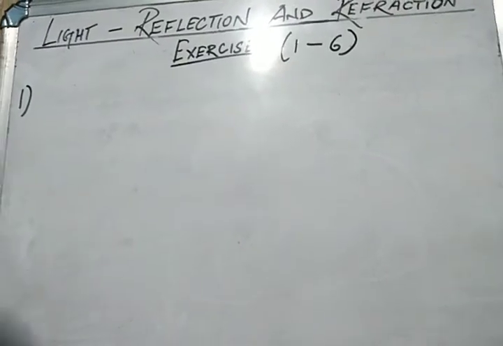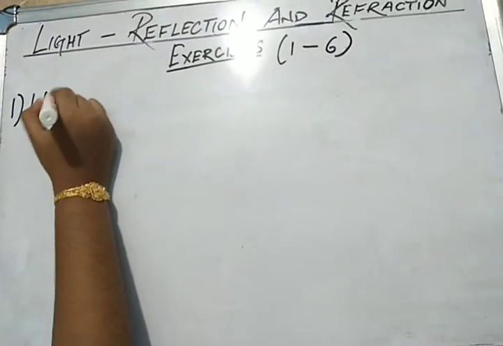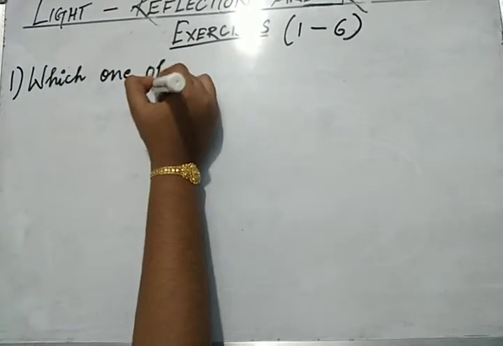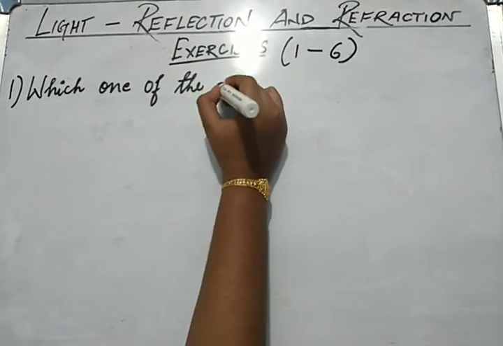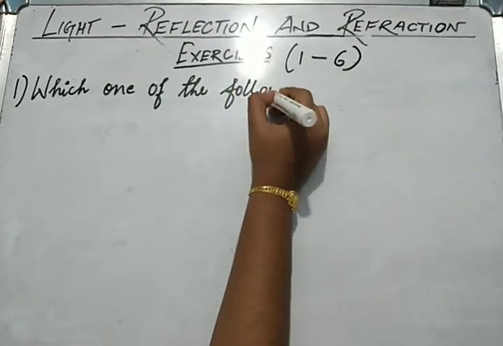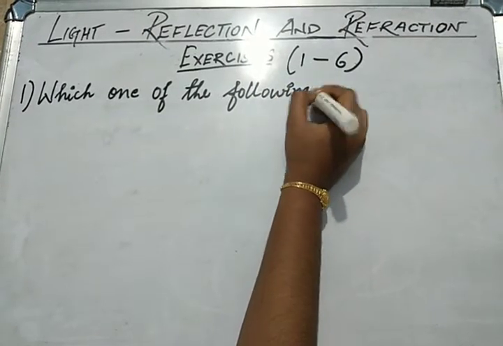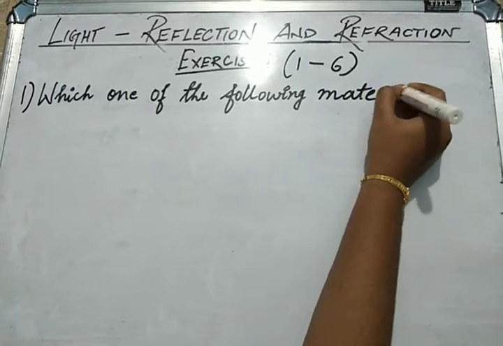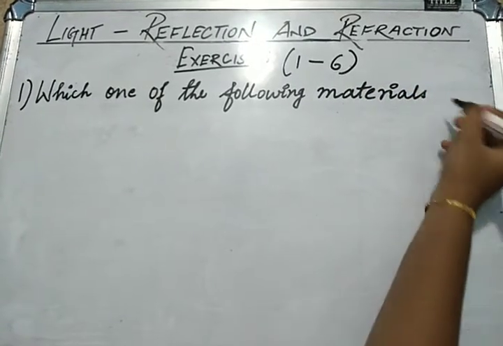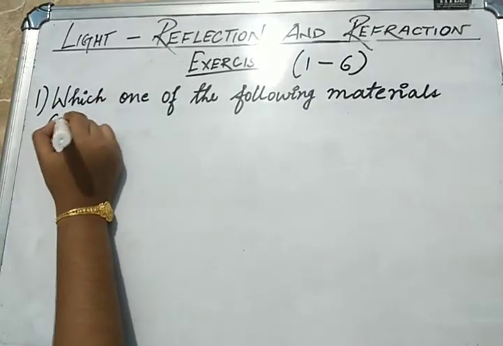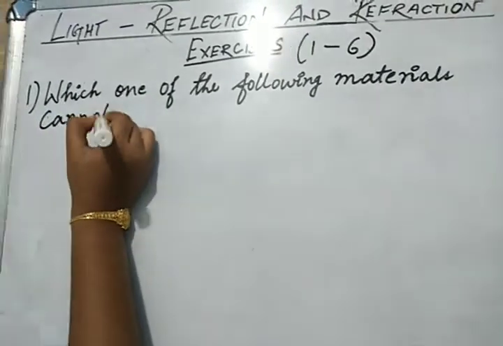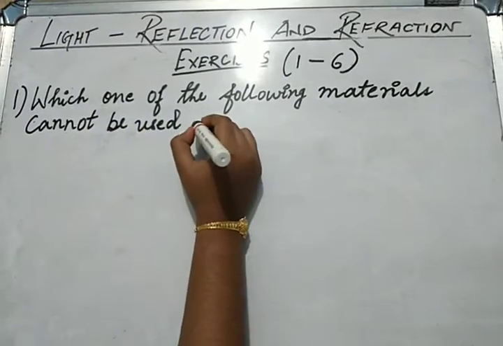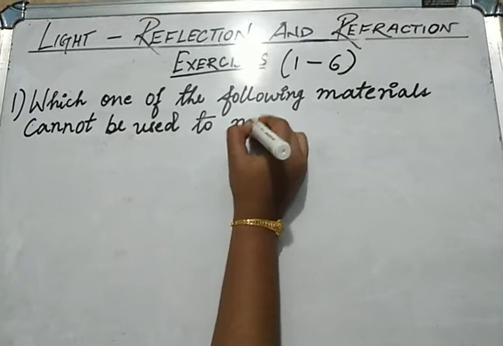The question is, which one of the following materials cannot be used to make a lens?